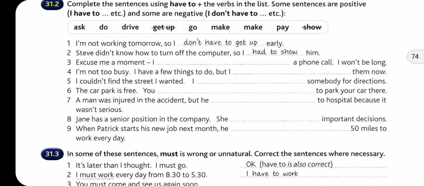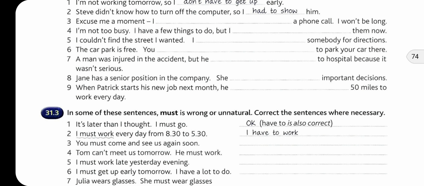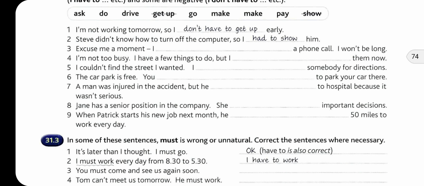Let's choose number 9: when Patrick starts his new job next month, he, 50 miles to work every day. Here, students, the sentence talks about the future. Patrick has not taken the job yet; next month he will take it. Since it is next month, what do we choose? An affirmative sentence: he will have to drive. I use will, have to and the verb drive. Let's take another example. For example, number 2: excuse me a moment, a phone call, I will not be long.